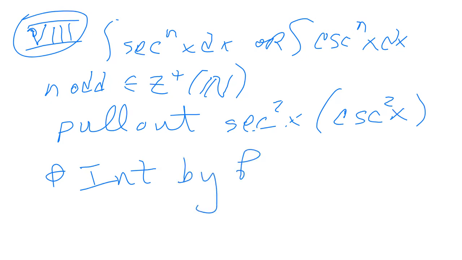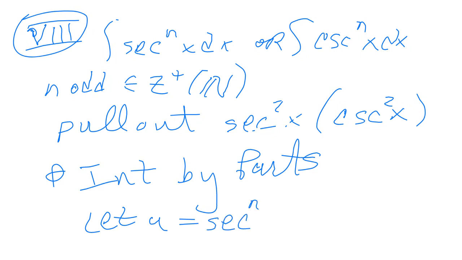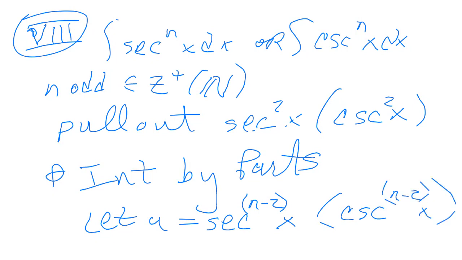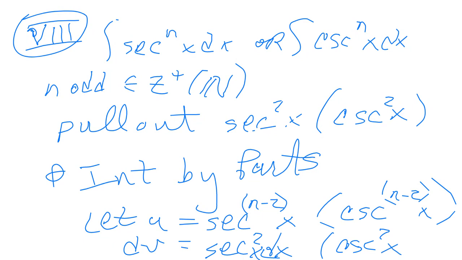When we do that, we're going to let u equal what's left, secant to the n minus 2 power of x, or cosecant to the n minus 2 power with respect to x, and dv is what you pulled out: secant squared x dx, don't forget the dx's, or cosecant squared x dx.